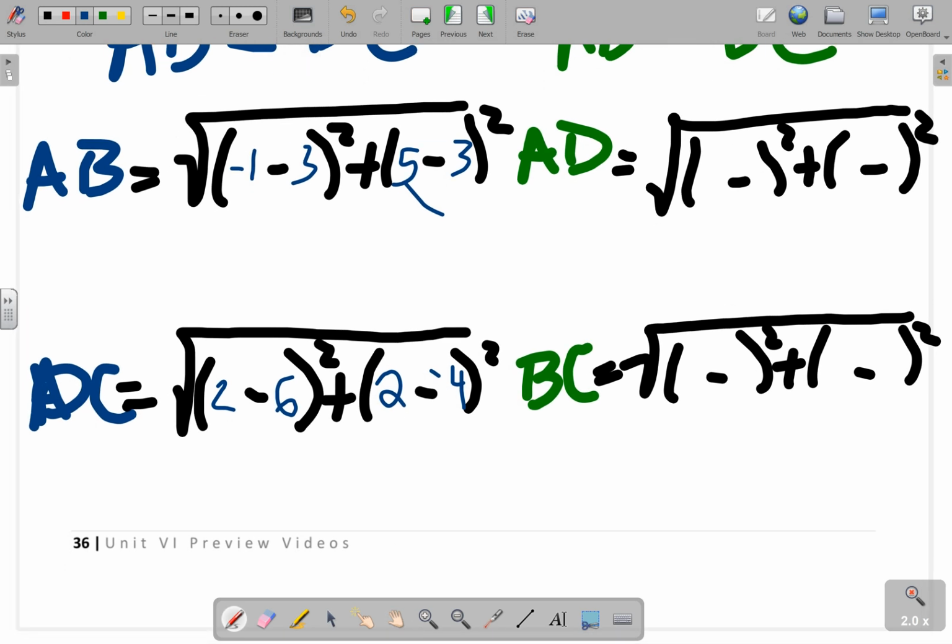And you just do your math. This is negative 4 squared plus this is 2 squared. 16 plus 4. And I just found, don't drop your square root, that AB is root 20. Down here, do the math.